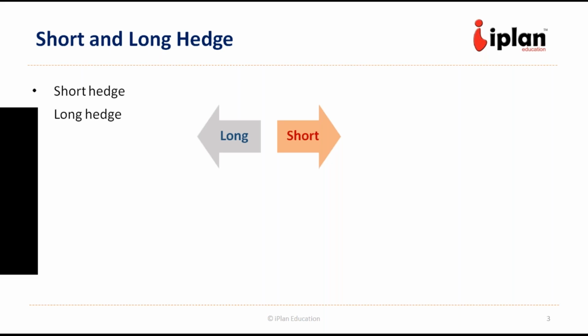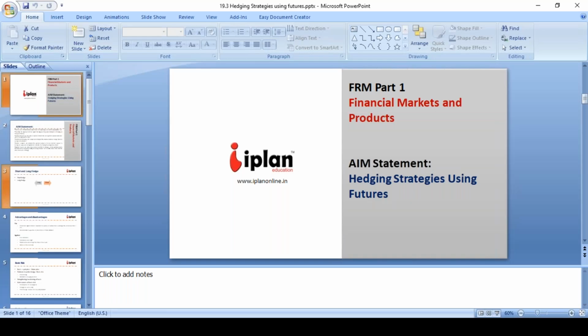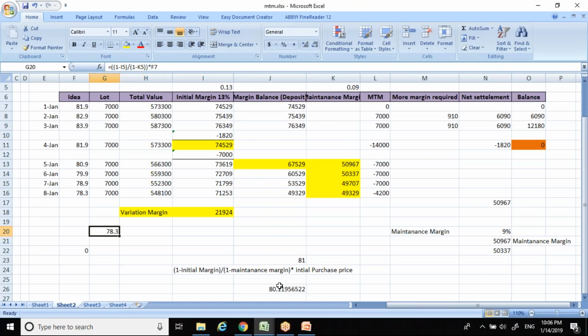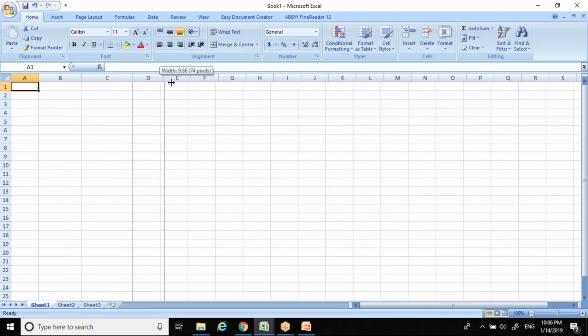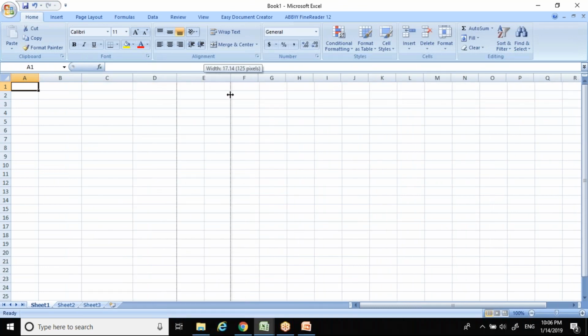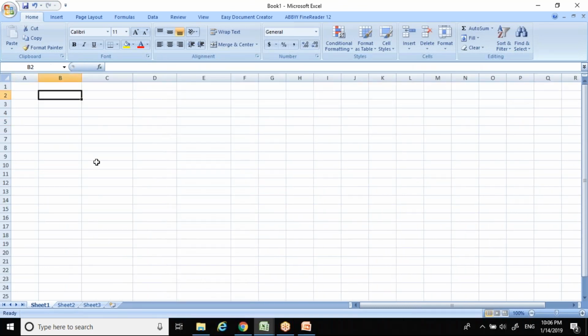So let's discuss how we do that. To understand hedging, let's open a blank Excel spreadsheet. Now, in how many types can we do the hedging? It depends on what kind of position we have.